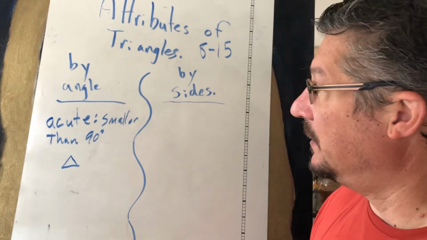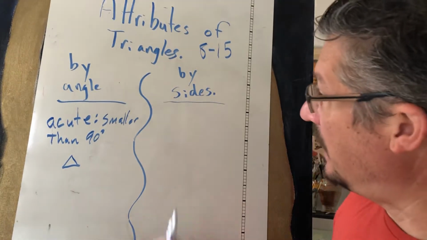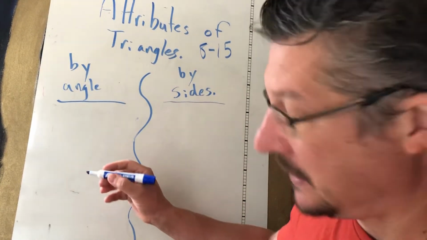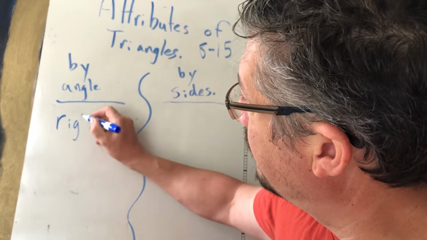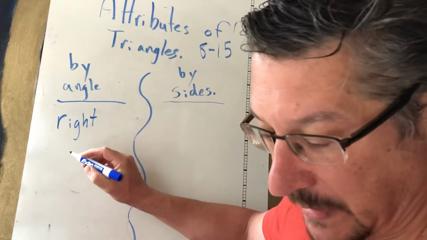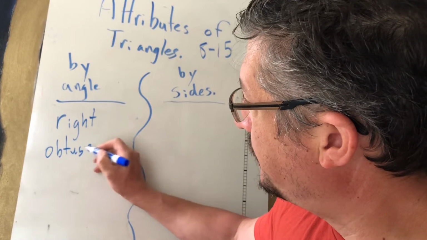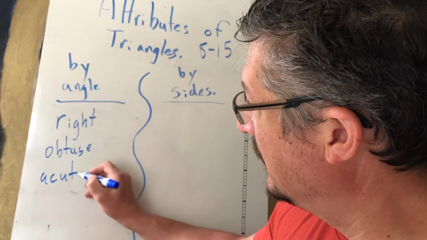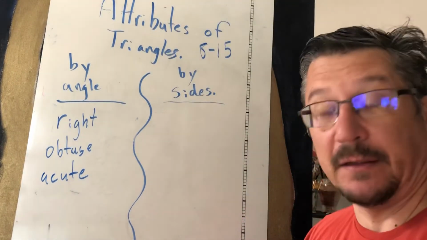Okay, so acute triangle. Those are our angles. So here, I'll erase this and I'll write the three names. We get right, we get obtuse, and we get acute. Those are the three ways we label a triangle by angle.